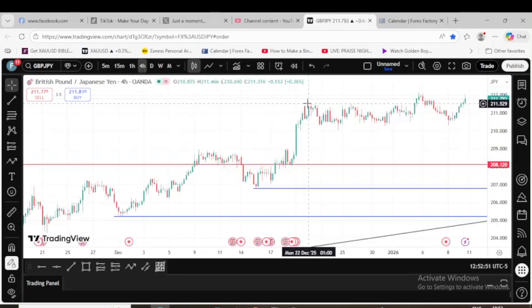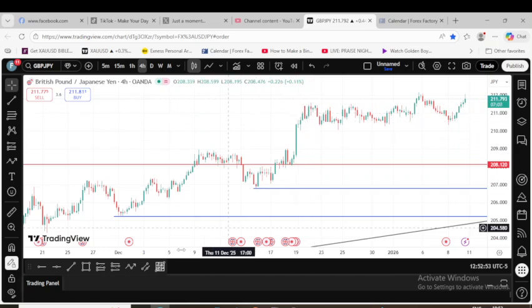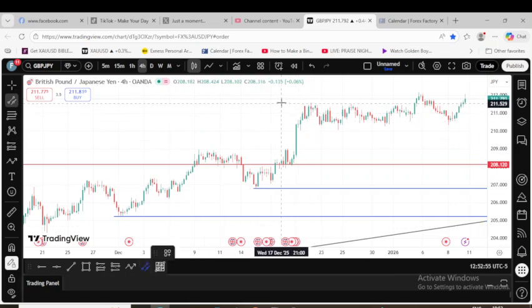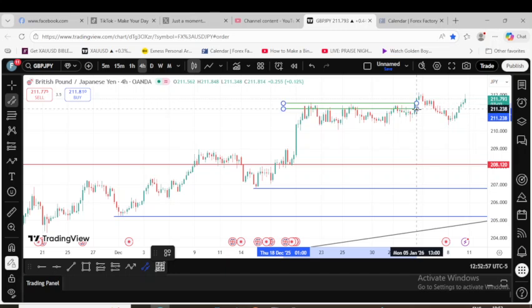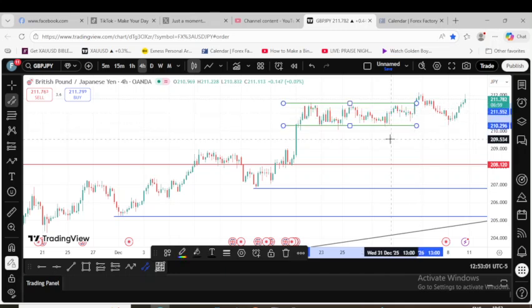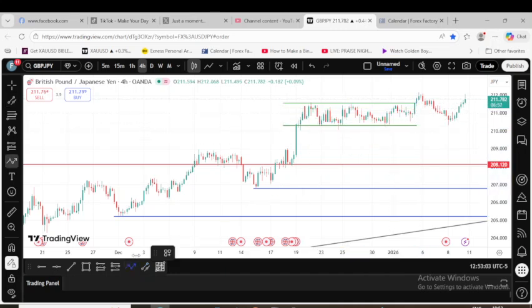And as usual, okay, price seems to have entered a rectangular range here. You can see that price bounced here to here to here, down here, up here before breaking out. Now price has broken through the top of the rectangular range.